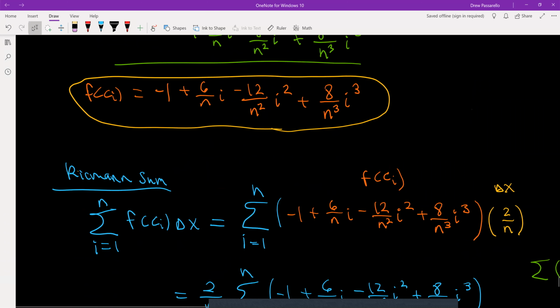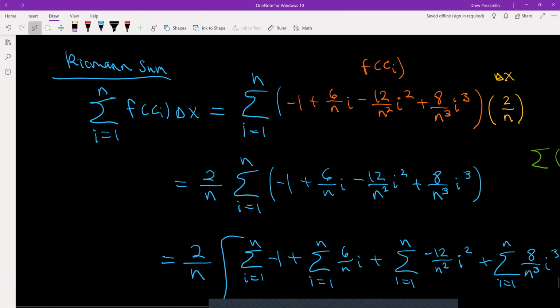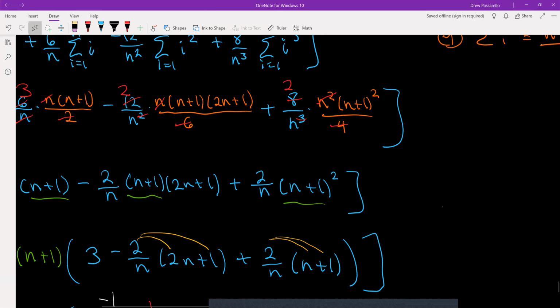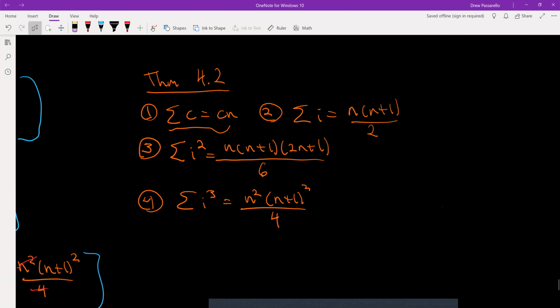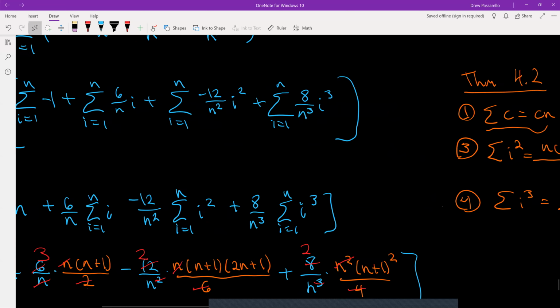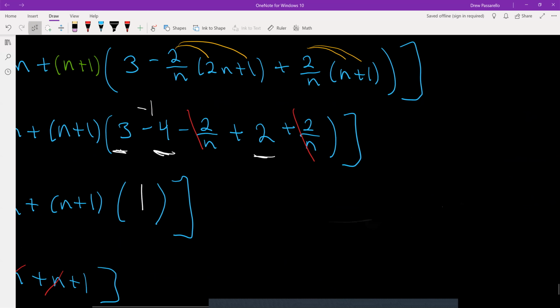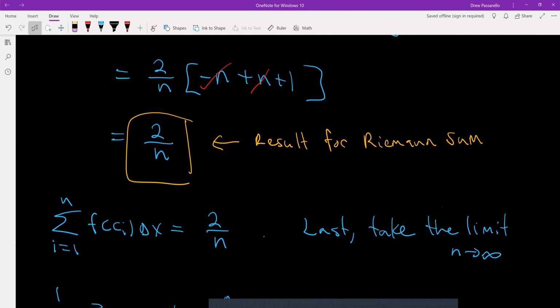Then I plugged the corresponding values into the Riemann sum for f of ci and delta x. And then I did a bunch of algebra simplifying this Riemann sum, and that involved using Theorem 4.2. I happened to use all 4 formulas for this case. After I simplified all this and did some canceling, I got 2 over n.